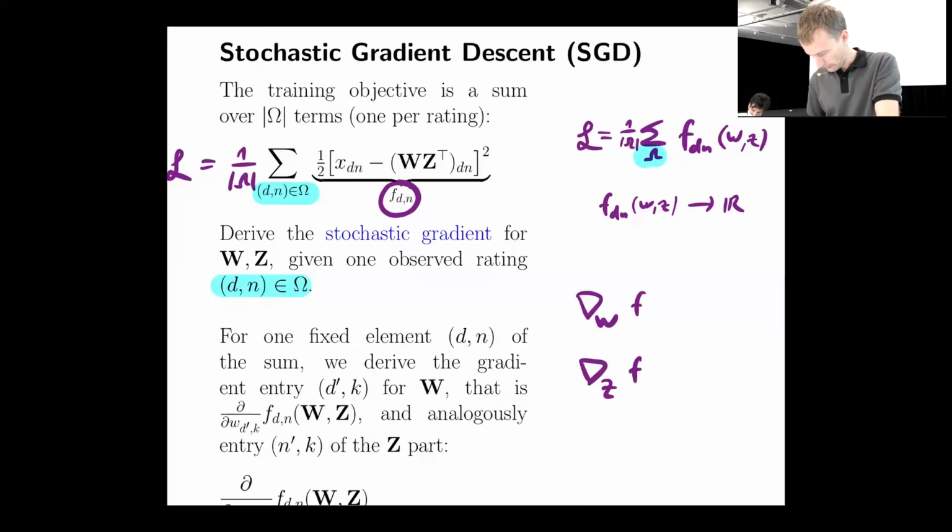Of course, the W gradient is as big as W, which is D by K, and the Z one is N by K.